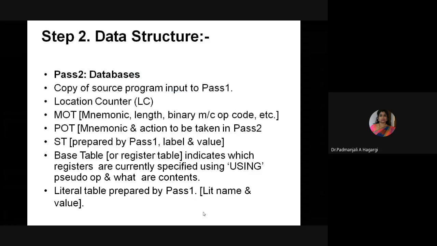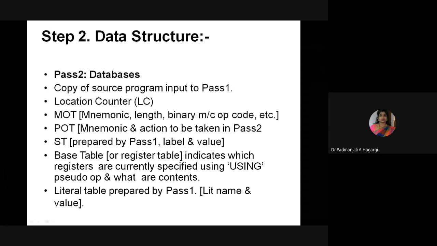the target code. And these databases copy the source program input to pass one, with the location counter and the mnemonic operation table, which has data like mnemonic, length and its binary machine code. We also need the database of the pseudo operation table, that is the mnemonic and the action to be taken in pass 2, and the label and value prepared by pass 1.